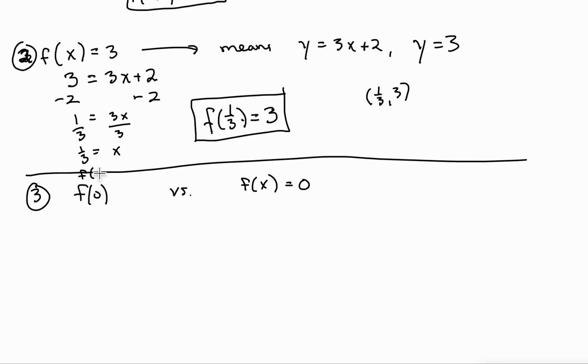So x is 0. When x was 0 as a coordinate pair, that is our y-intercept. So this one is fine. This is our y-intercept, f of 0. So let's label this the y-intercept.